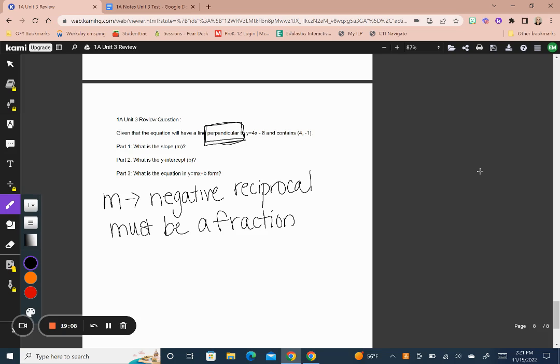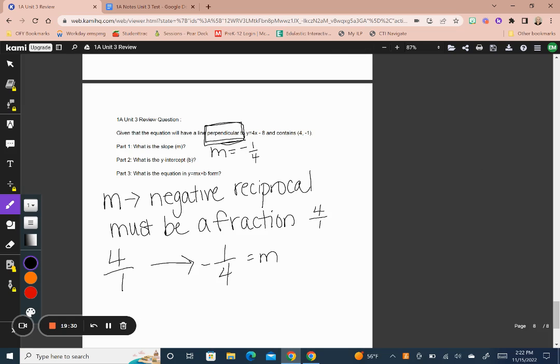If it's a whole number, you just put it over 1. So for the reciprocal, we're going to flip the fraction. Negative is what you think it is, put a negative in the front. So my new m is negative 1 over 4.